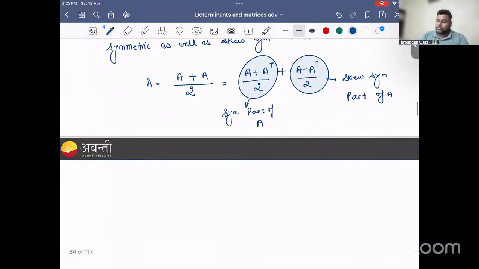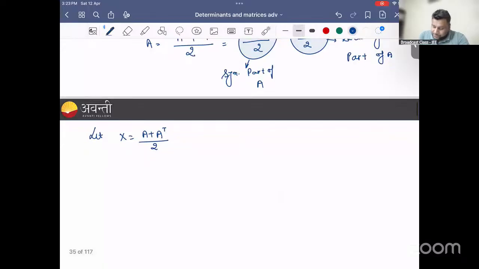We can show it also. Say, let X be (A plus A transpose) by 2. Now, if I do X transpose, it will be what? Transpose of (A plus A transpose) by 2. Now, I just taught you a property: (kA) transpose is k times A transpose. So, take this 1 by 2 outside.